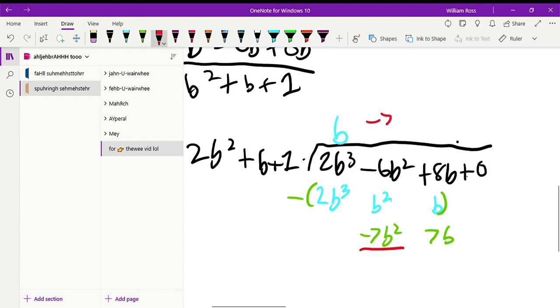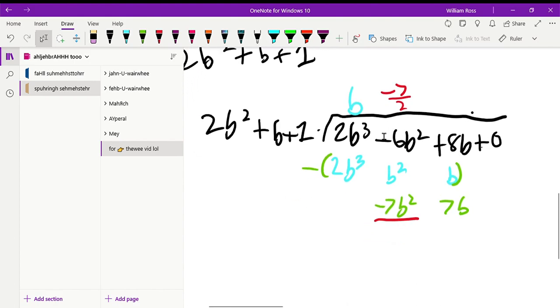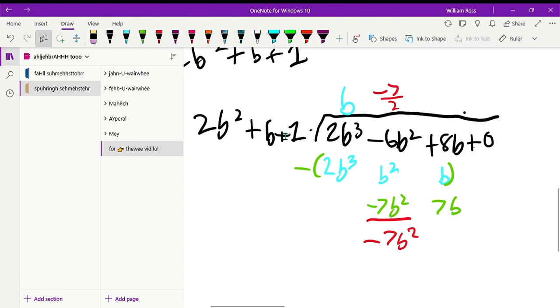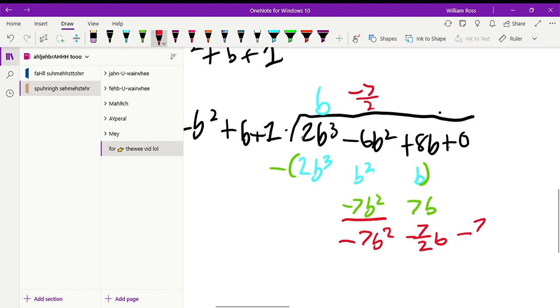That'll be negative 7 halves. So that will be negative 7 halves b squared. Negative 7 halves times b will be negative 7 halves b. And of course, negative 7 halves times 1 is just negative 7 halves.